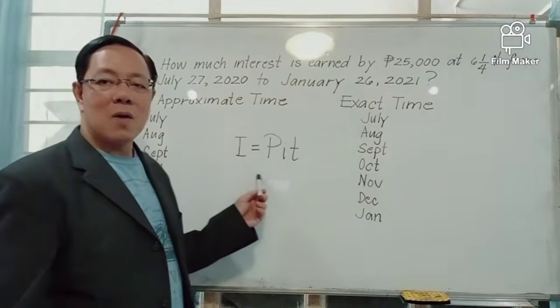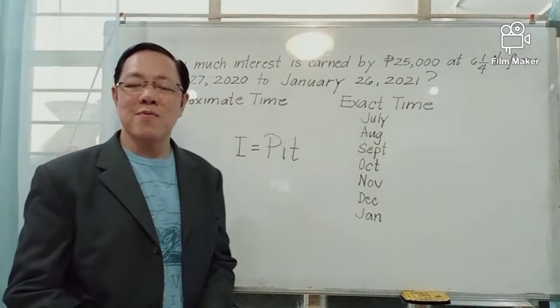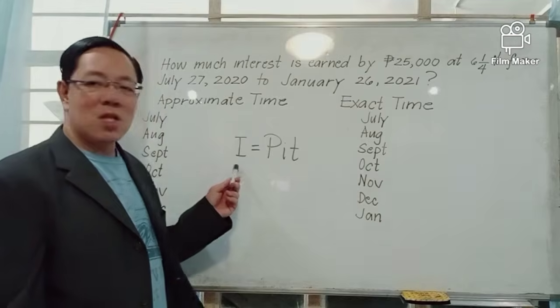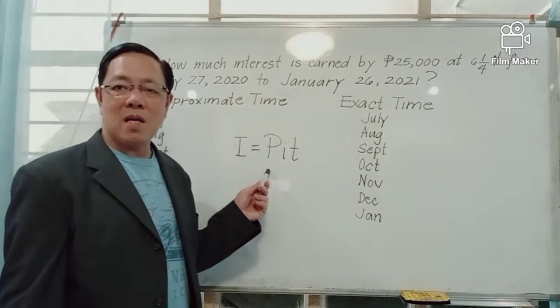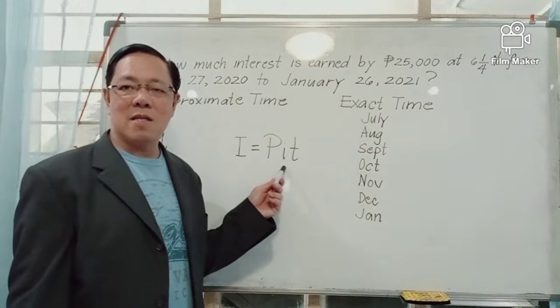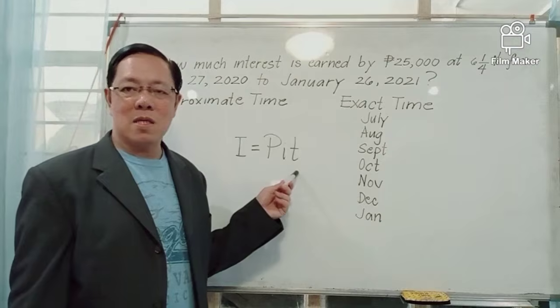This is the formula we had last time, and we applied this to some problems for computing the amount of interest capital I given the principal capital P, the interest rate small i, and the time small t.